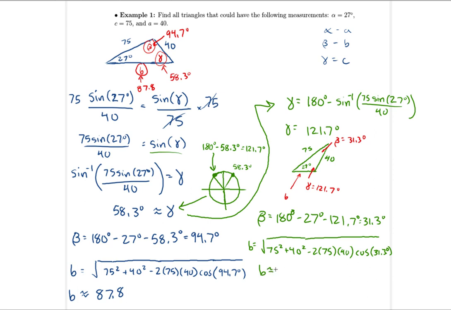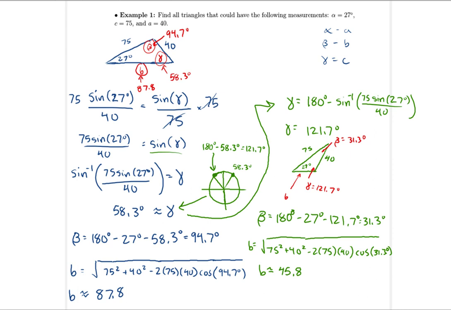So my B is approximately 45.8. So you have these two completely different triangles being produced here, that both follow the criteria that alpha is 27 degrees, C is 75, and A is 40.